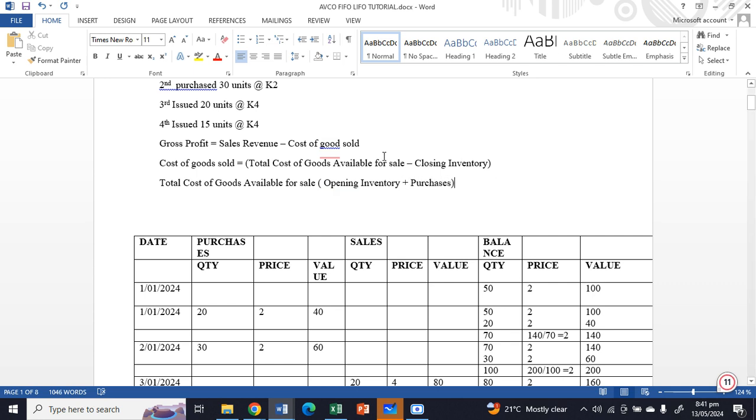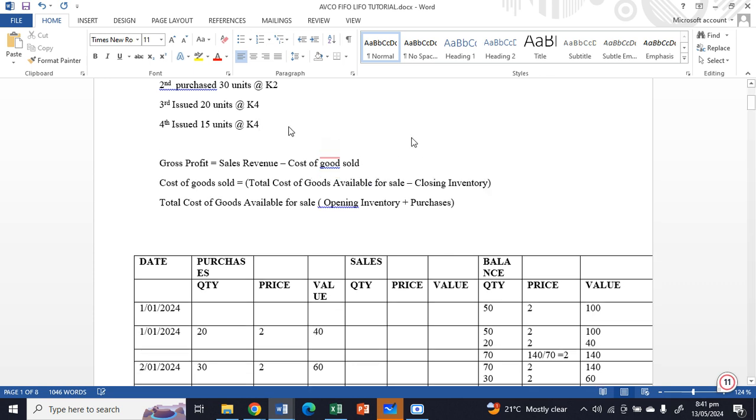Now, this is just a simplified version, because there are a lot of elements which come in the trading account, but for now, you need to remember these.